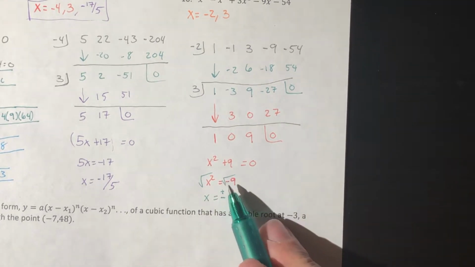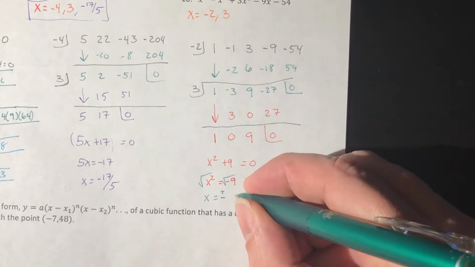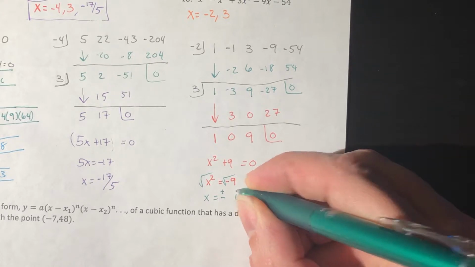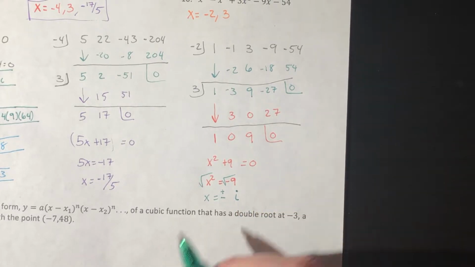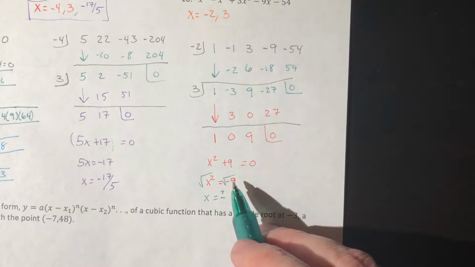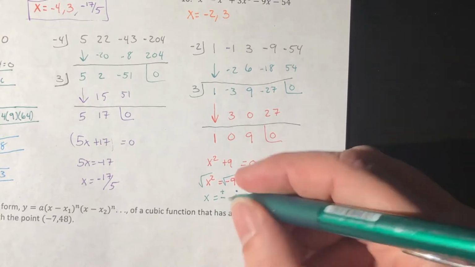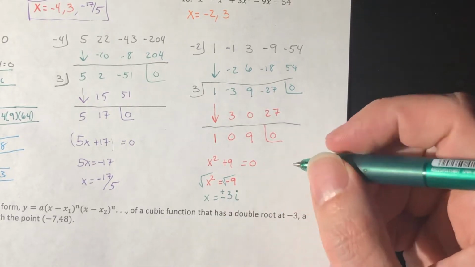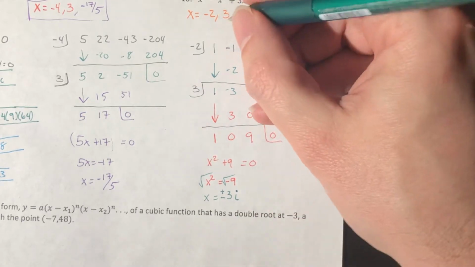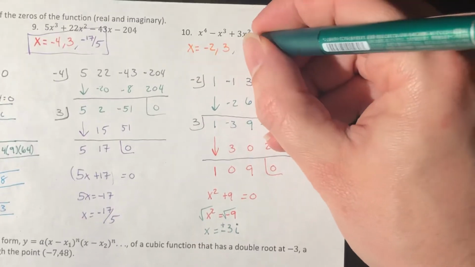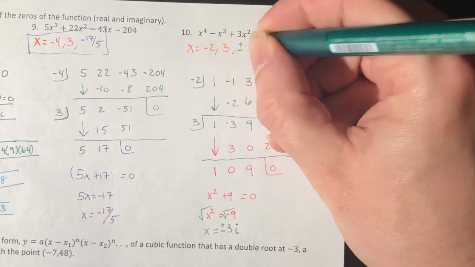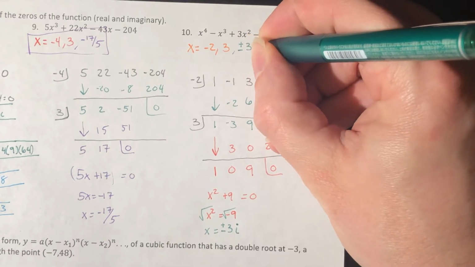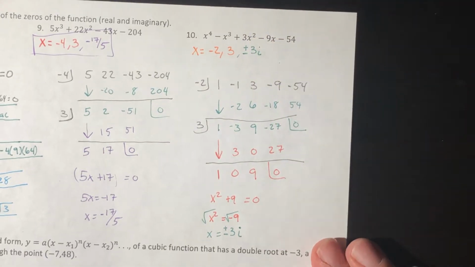And when I have the square root of a negative number, I know that's going to give me i, that imaginary part. So then I'm just concerned about what is the square root of 9? Well, it's 3. So my additional x values are positive and negative 3i.